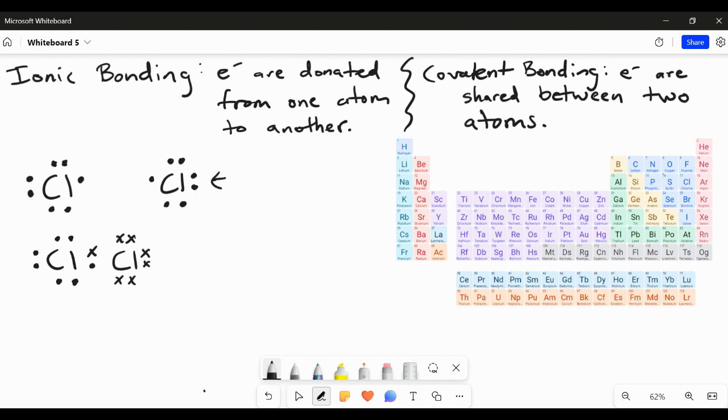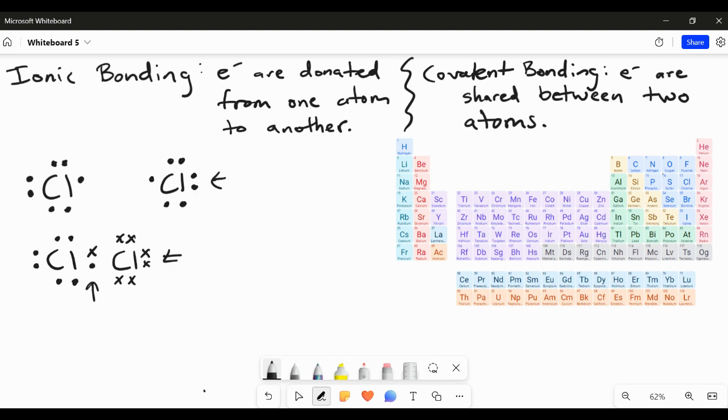So you can see in this second chlorine, I've just replaced all of the dots with X's so that you can see which chlorine has which electrons. So this first chlorine has 7 electrons. You can see the 7 dots around it. And the second chlorine has 7 X's. And these 2 electrons right here in the middle are actually shared between both of them.